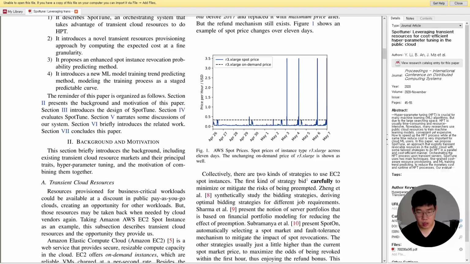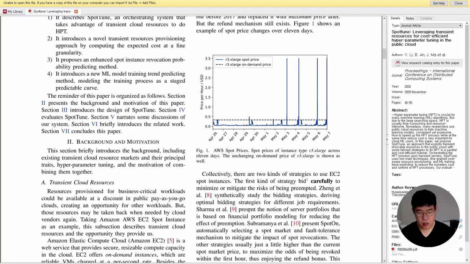Collectively, there are 2 kinds of strategies for the EC2 spot instances. The first kind of strategy bids carefully to minimize or mitigate the risks of being revoked. Some systematically study the bidding strategies, deriving optimal bidding strategies for different job requirements.